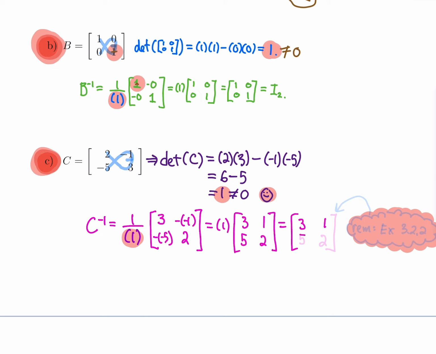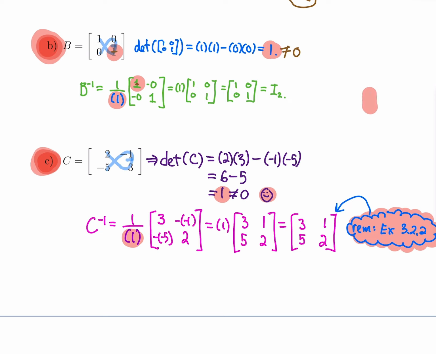So here you get 3, 1, 5, 2. And as a small remark, this was my example of my matrix that I had in 3.2.2 that we just did together. So this is where this inverse came from. That was the A in that example.